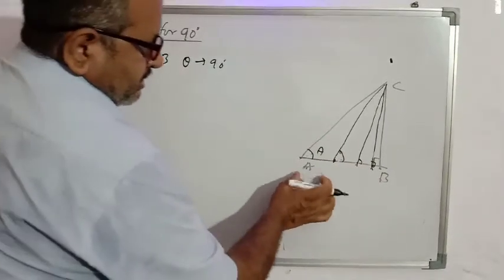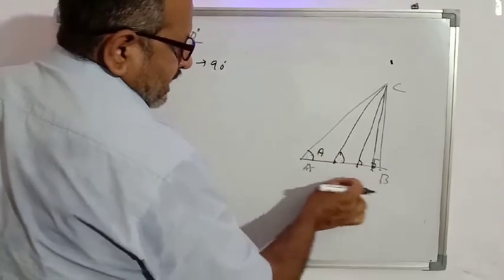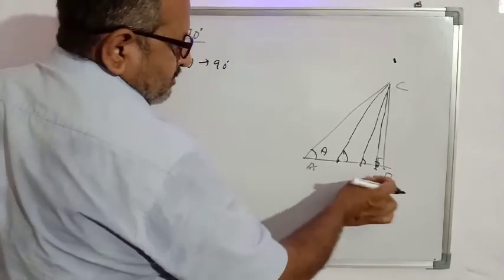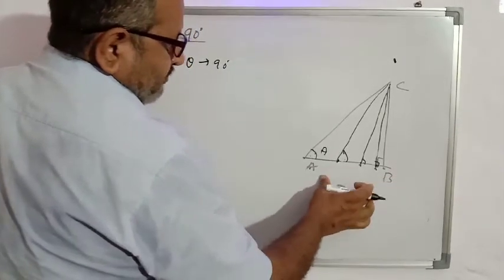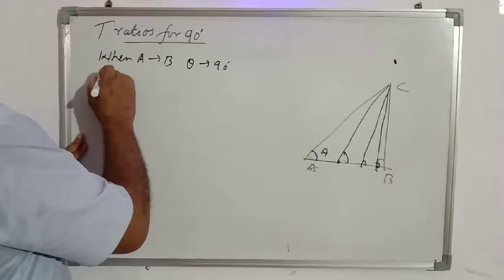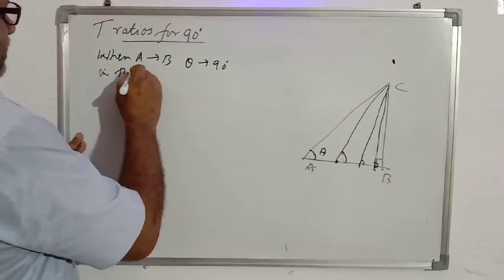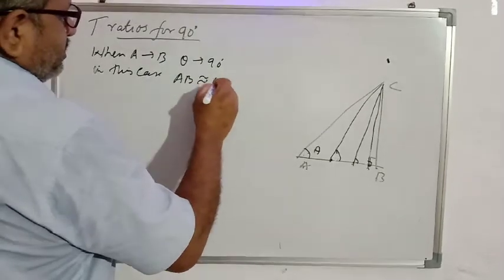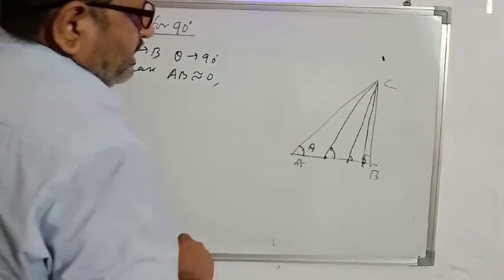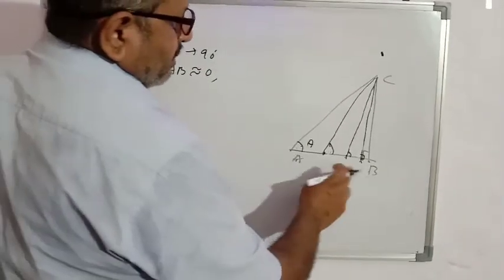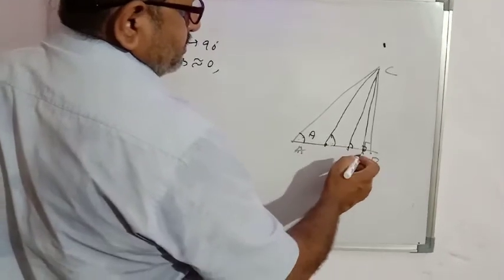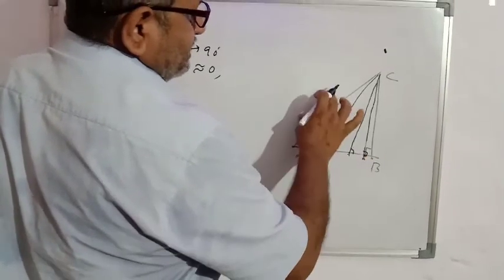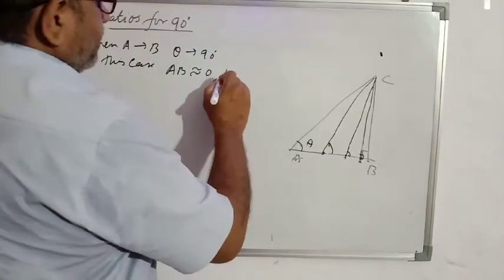In that case, what will be this length? A and B are the same point, both are coinciding, so AB will be 0. In this case, AB will be almost 0. And what will be AC? AC and BC will be equal.